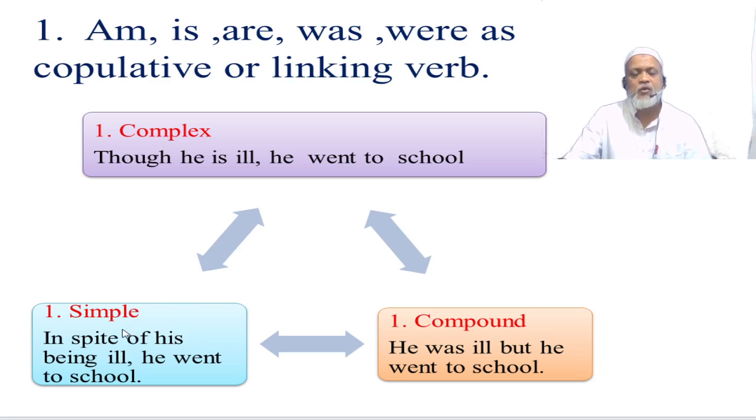I think you can understand. When this complex sentence is turned into compound, it is easier than to simple. How? We use but here. We know the fundamental cycle of changing though, in spite of, and but in simple, complex, and compound sentences.